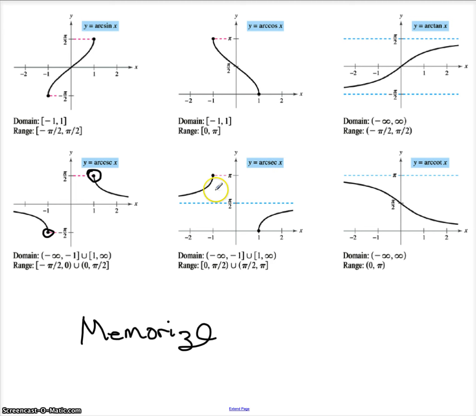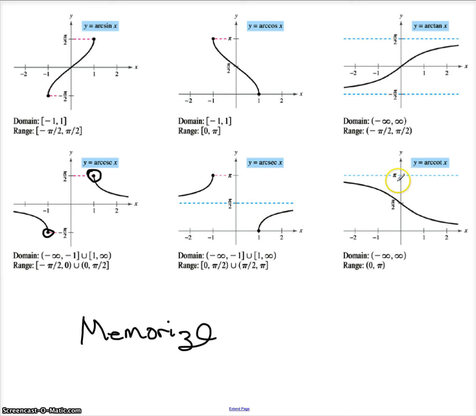Arc secant is very, very similar. It has a domain of -infinity to -1, and then 1 to +infinity. The range is from 0 up to pi over 2, and then from pi over 2 to pi. But you'll see that the pi over 2 is not included. It's an asymptote.